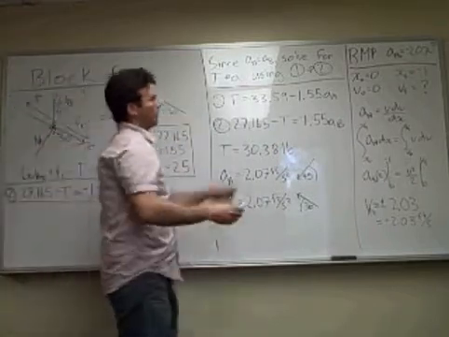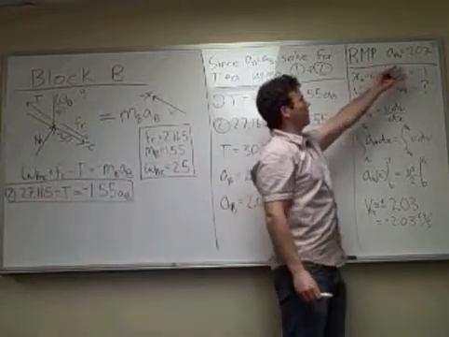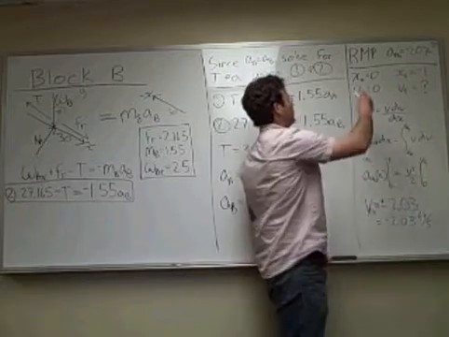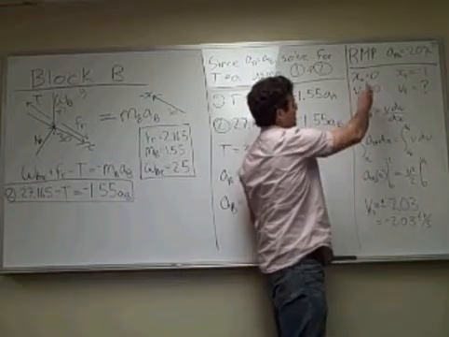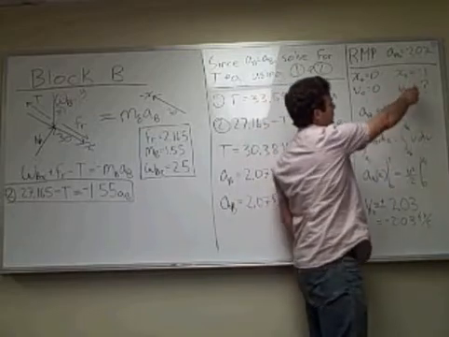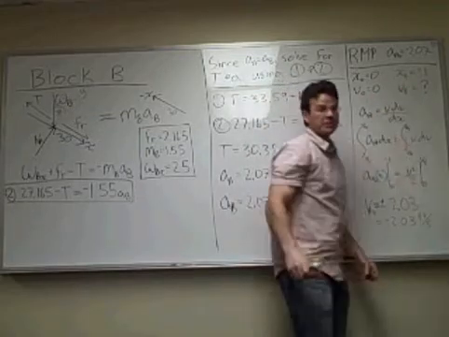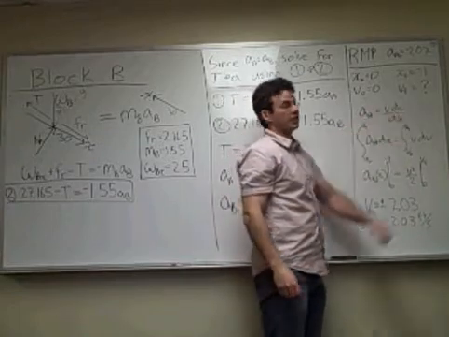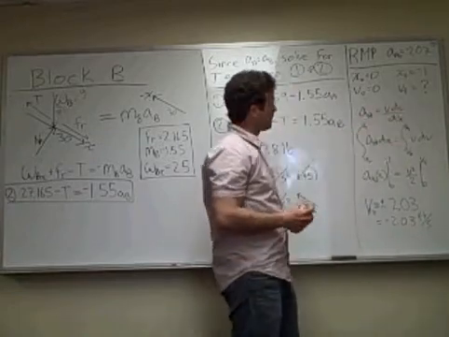So over here, when we solve for RMP, we have to know that our acceleration is negative. And we have our initial position at 0, our initial velocity is 0, and then given in the problem is our final position is -1, and our final velocity is unknown. That is what we're looking for.